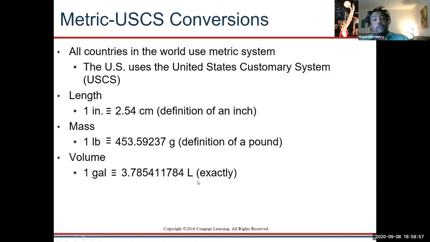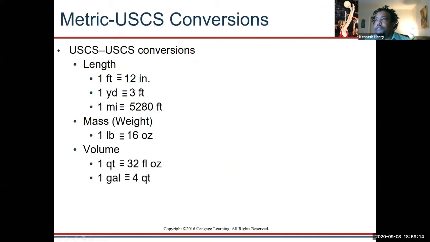We want to get used to using them so we can make those conversions, because we will run into pounds, gallons, and inches.